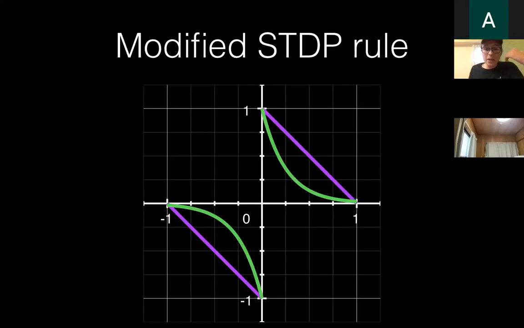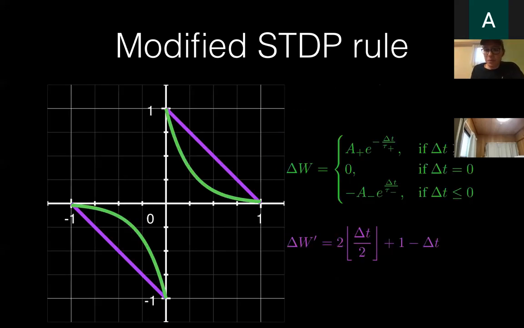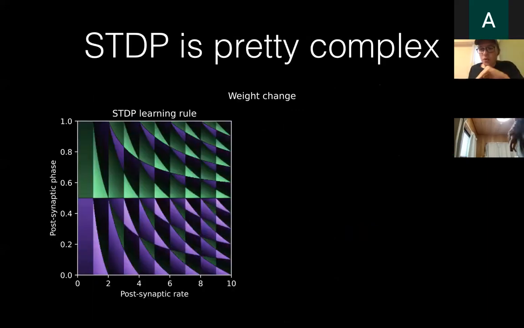To simplify computationally, we linearize the normal spike STDP rule. So the green curve is a sort of classic rule. The purple curve is our simplified linear curve. That doesn't really matter that much, but then we just scanned across all combinations of phase and rate for pre and post synaptic neurons, and we get the super ugly update plot.